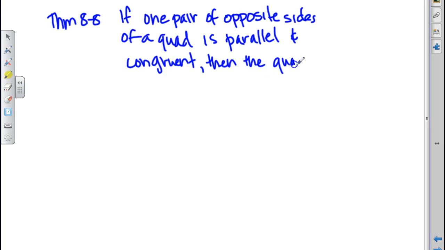When I write quad, it's quadrilateral. So we want opposite sides of the quadrilateral to be parallel and equal in measure. If they give us points, same slope, parallel to each other and congruent, then the quadrilateral is a parallelogram. Picture.